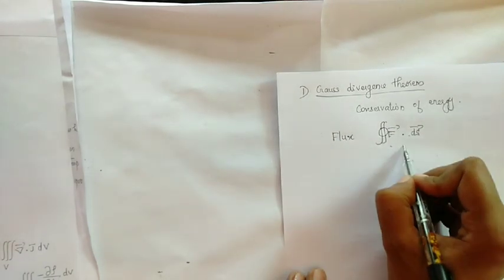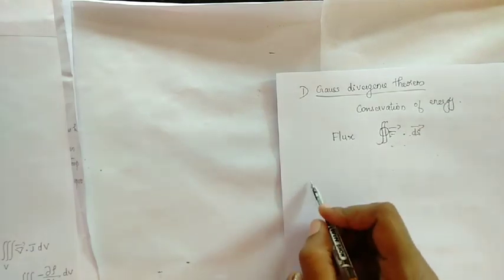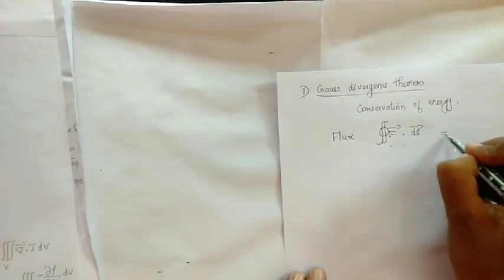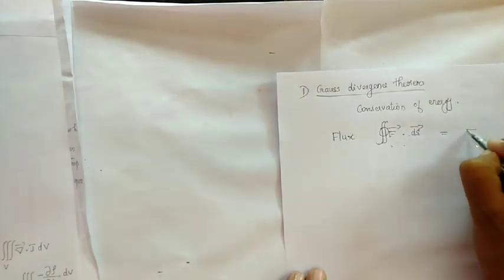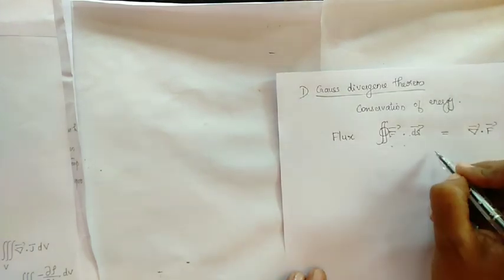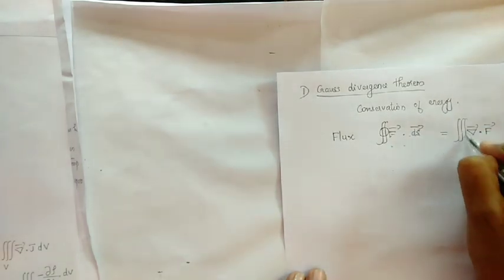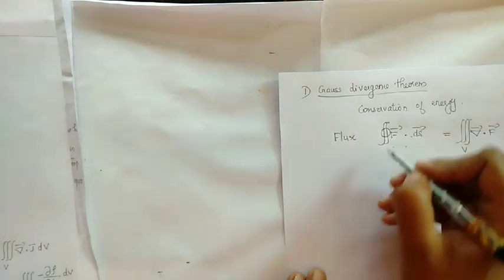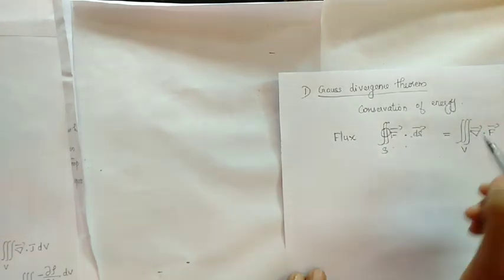So the Gauss divergence theorem relates the flux of a vector quantity through a closed surface to the divergence of the same vector quantity. Divergence is indicated as del dot F over an enclosed volume, so it will be the integral over V. This is the theorem; these two are equal.